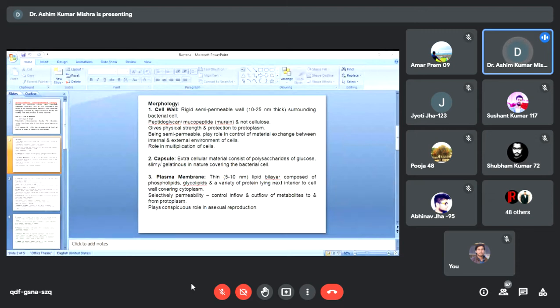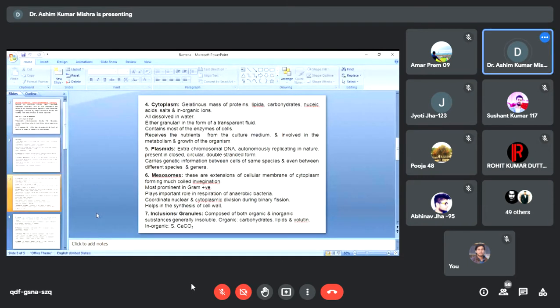Then mesosomes, these are extensions of... So the slide is not changing. You are not able to see cytoplasm, plasmids? Plasma membrane, capsule, and cell wall are visible. Now it's okay?